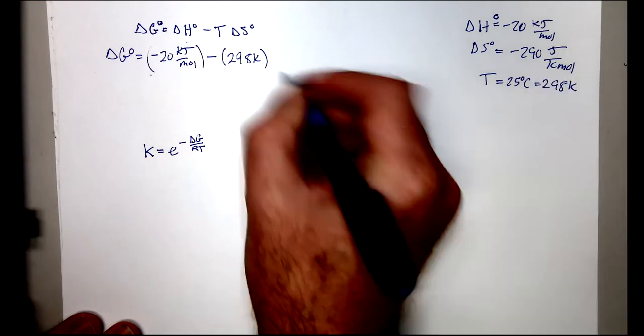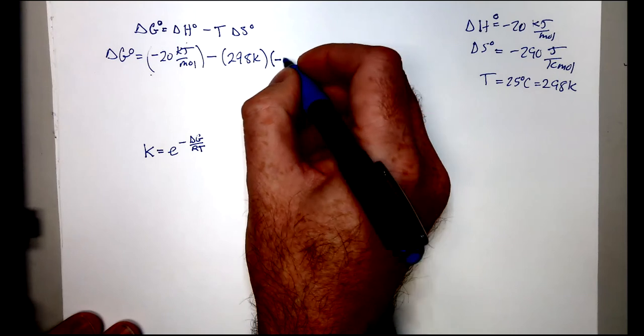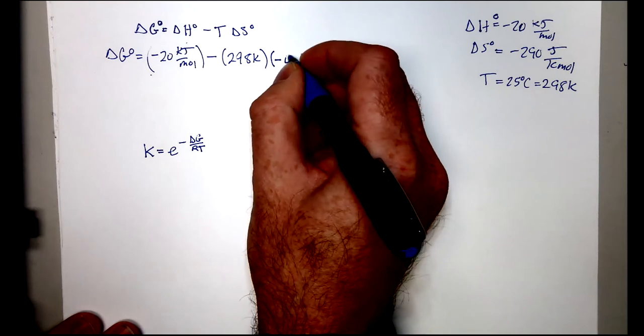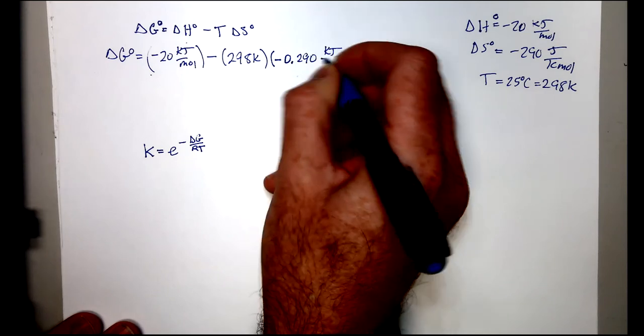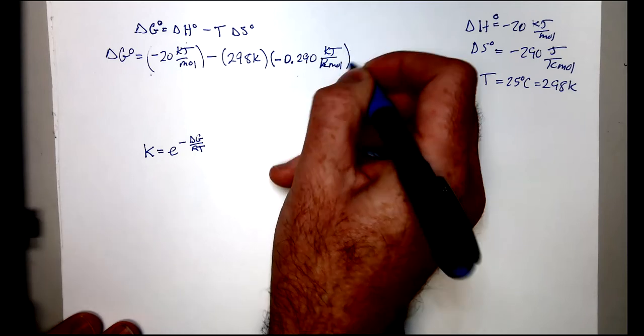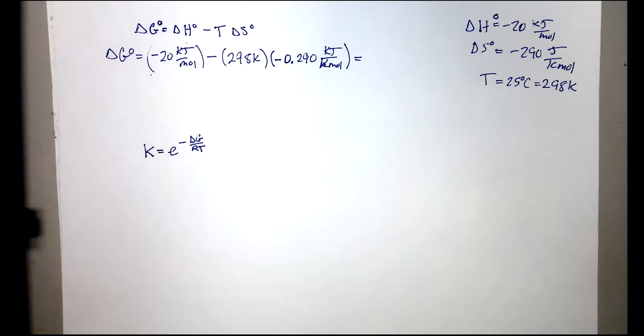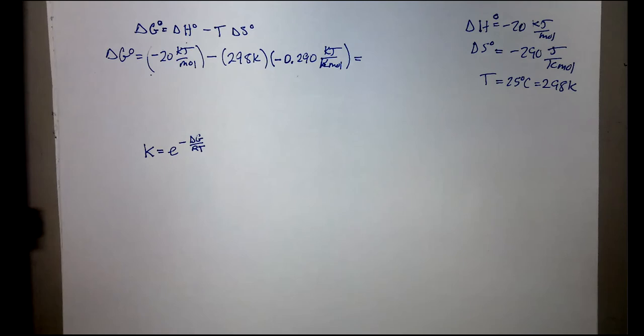And that's not a favorable condition because it's negative, but we're going to need to get that in kilojoules, so it'll match, negative 0.290 kilojoules per mole Kelvin. And then we're going to run that through our calculator. So we're going to say negative 20 minus 298 times a negative 0.290.